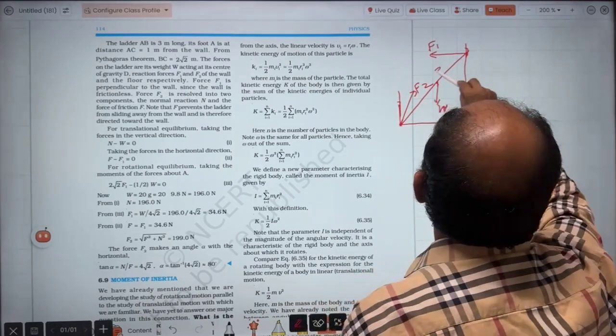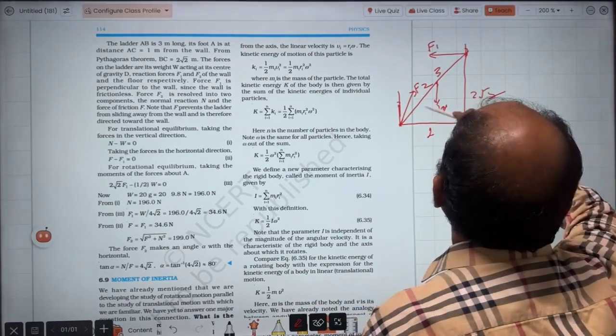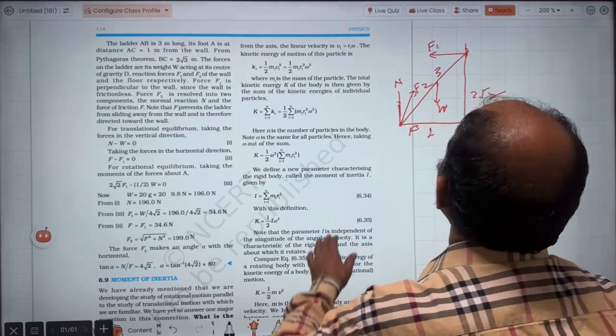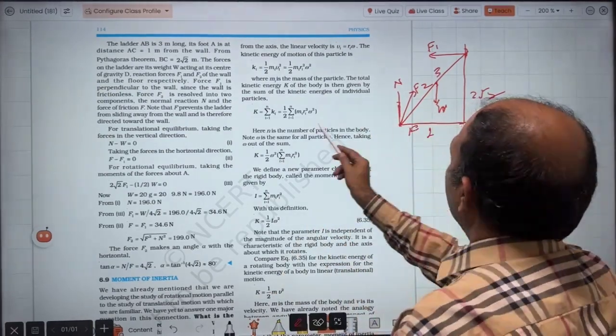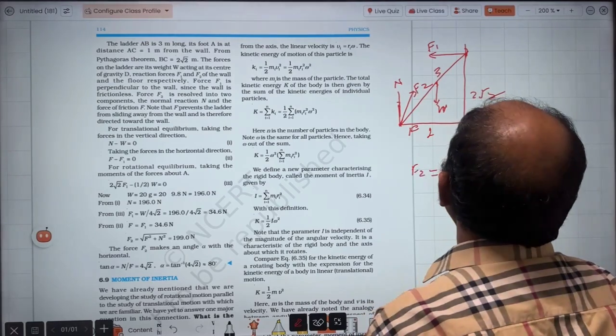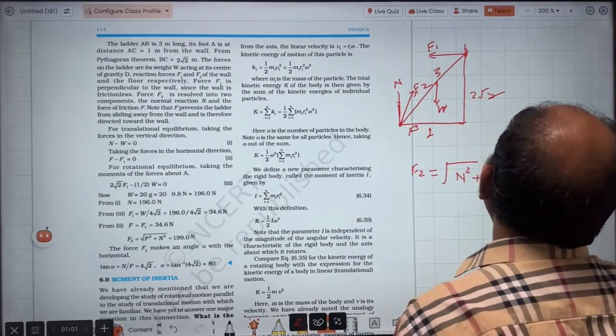Now this distance is 3 meter, so this is 1 meter, this will be 2 root 2, correct? And then this is normal reaction, and there will be frictional force in this direction, so that this ladder may not slip in this direction. So here we can say that F2 is a resultant of normal reaction plus frictional force.